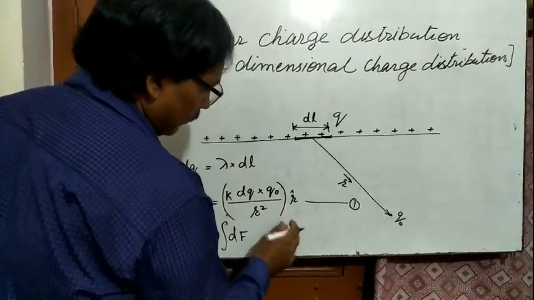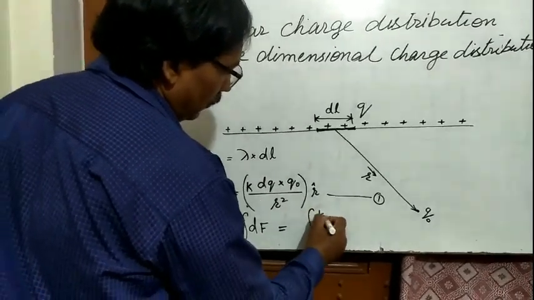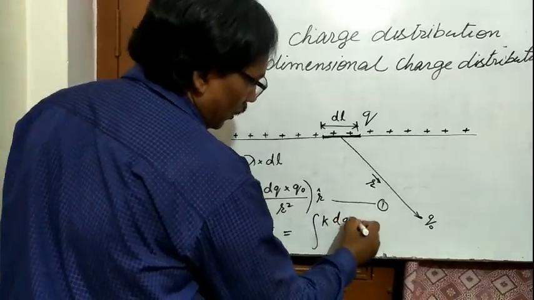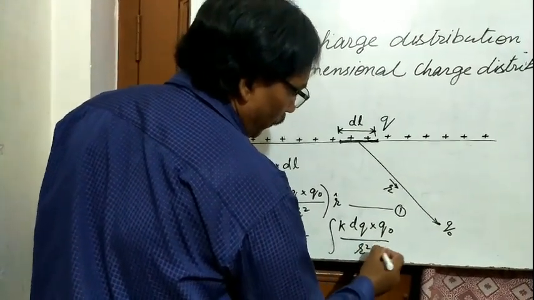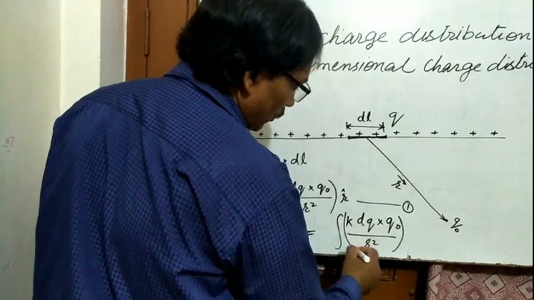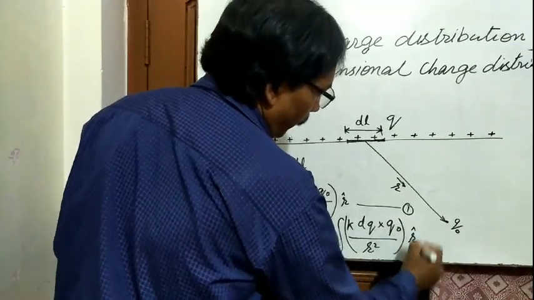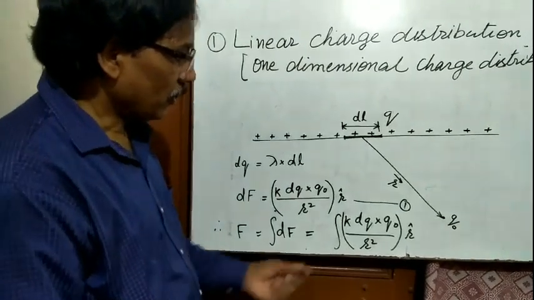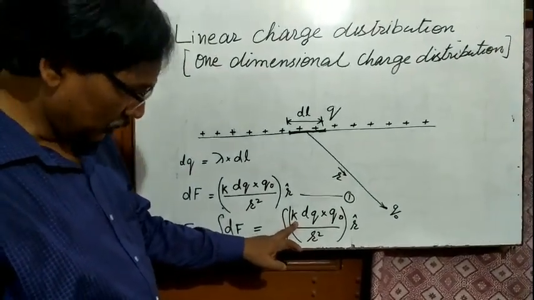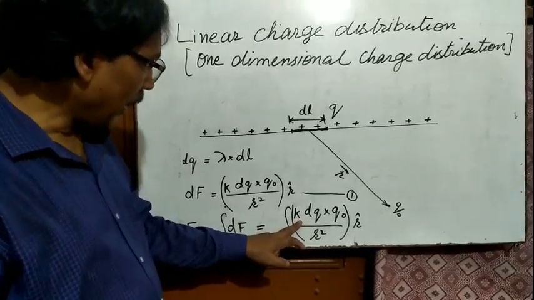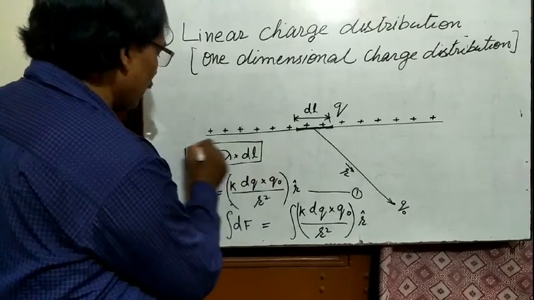That is, it will be equal to integral K dQ into Q naught by R square, the magnitude. Now, in this expression, this value K is 1 by 4 pi epsilon naught, and dQ is lambda into dl.